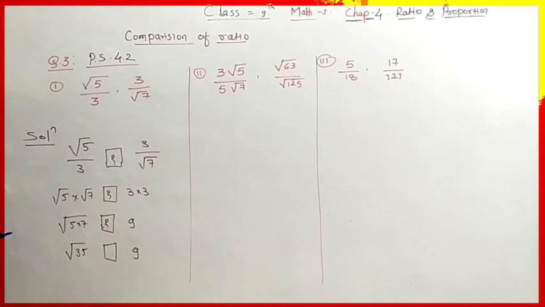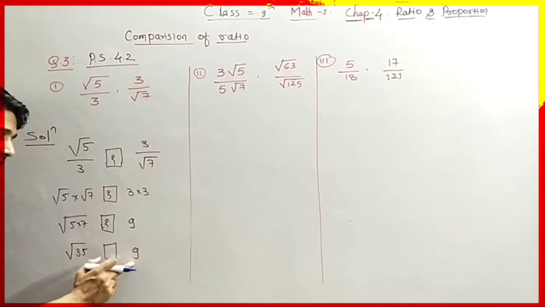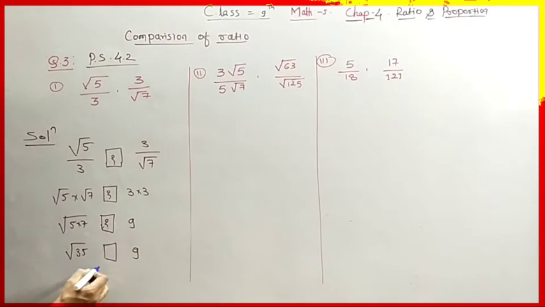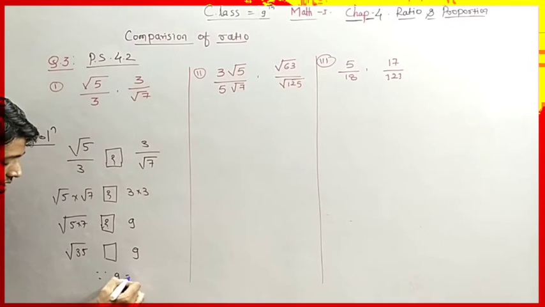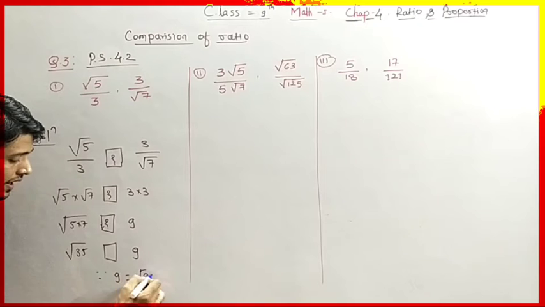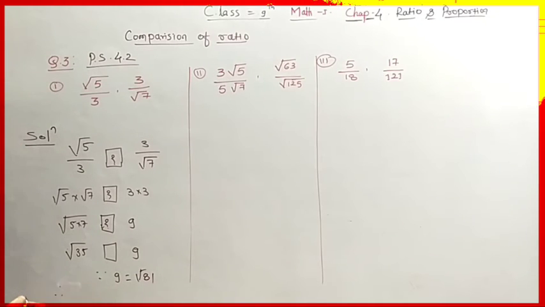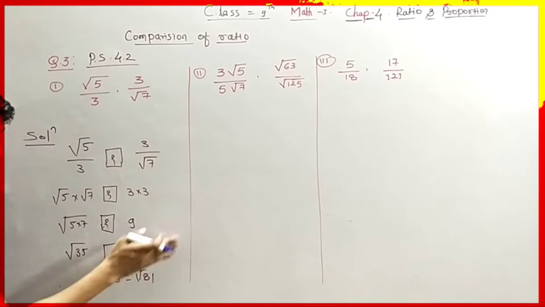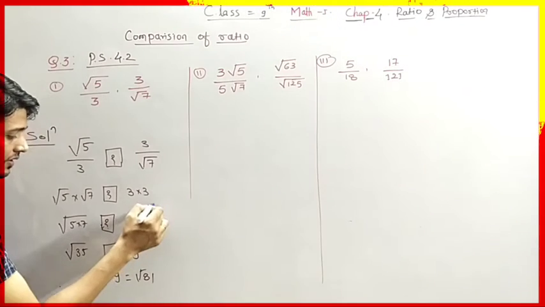We know the value of root 36 is 6, or we can convert this 9 into its root form. Since 9 equals root 81, therefore we are solving over here.